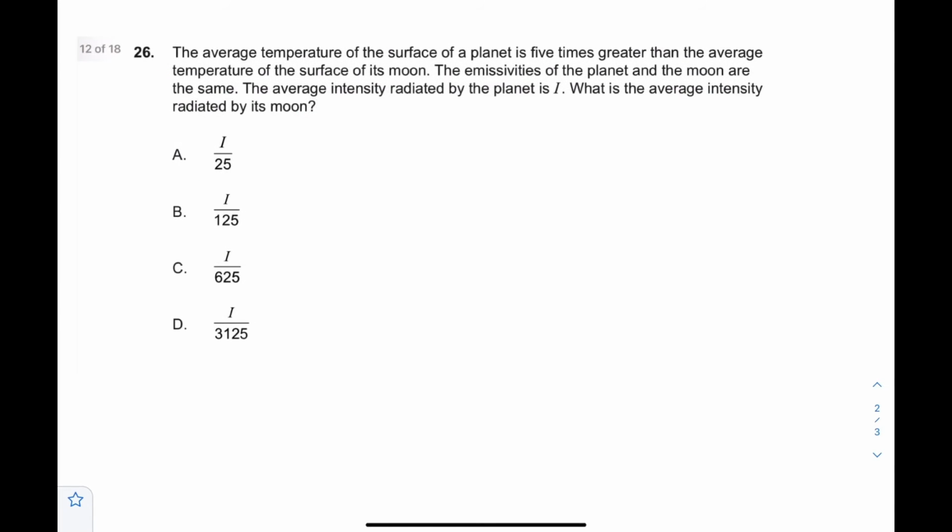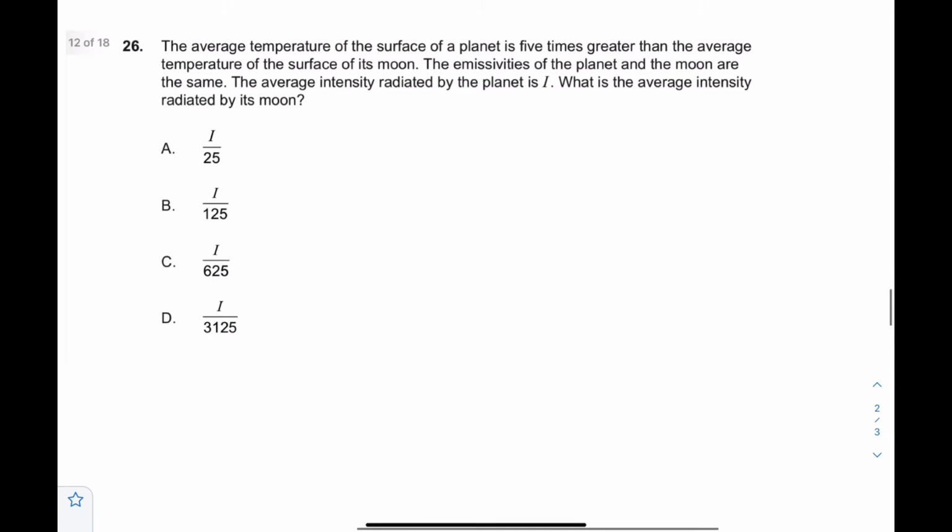Now proceeding on to the next question. The average temperature of the surface of the planet is 5 times greater than the average temperature of the surface of its moon, okay? So suppose there are two bodies, this is the planet and this is the moon of the planet, and it is given that the surface temperature of the planet is 5 times greater than the moon.